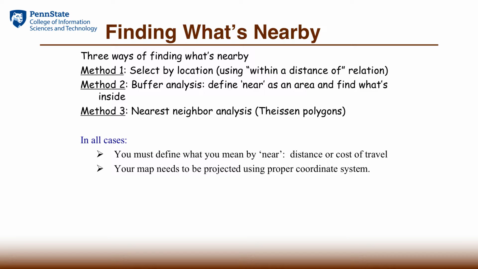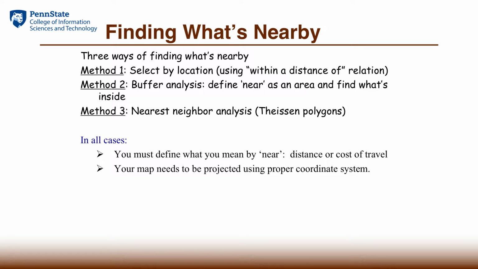The second method to decide what is nearby is to first define the areas of nearby and then see what features are within that area. This method requires us to calculate buffer zones, or buffer areas, based on certain distance criteria. We have to define what is near in terms of distance.